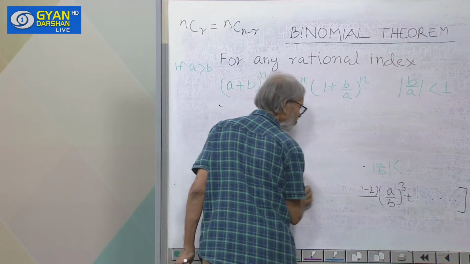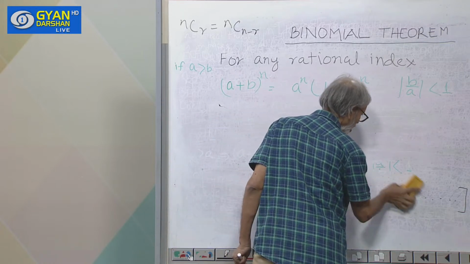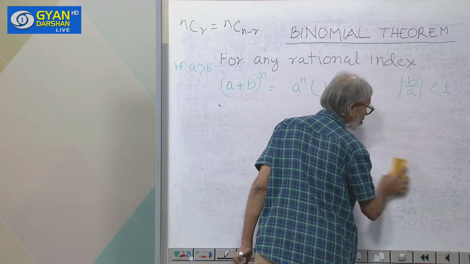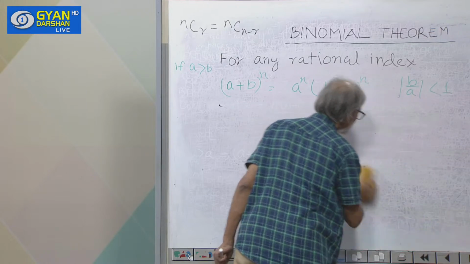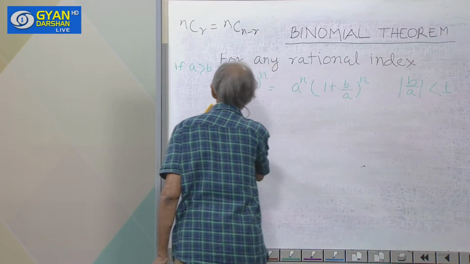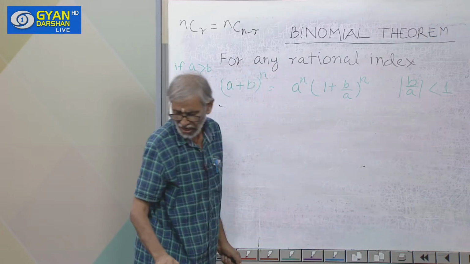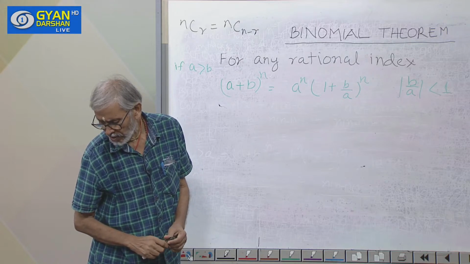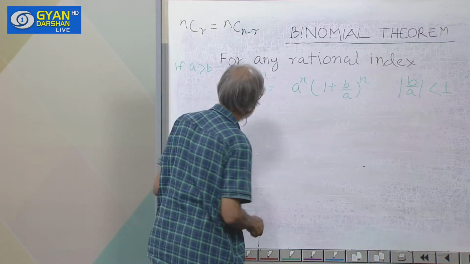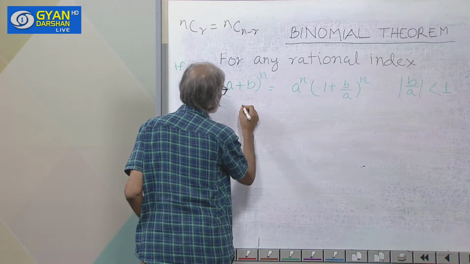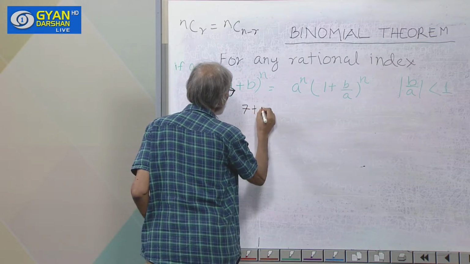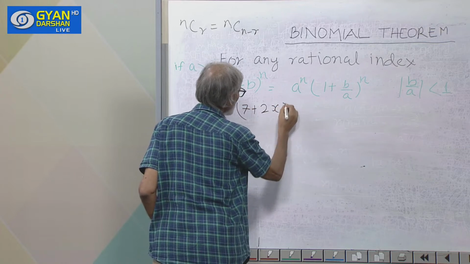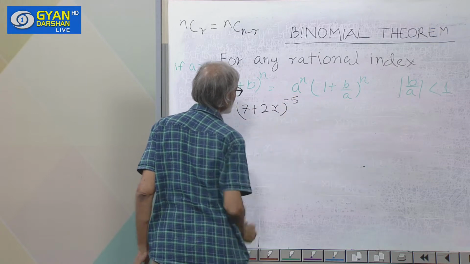We can take any fraction also in the exponent, it should be rational, that is all. So, similarly we can do, and we can take examples of fraction also. So, (7 + 2x)^(-5).